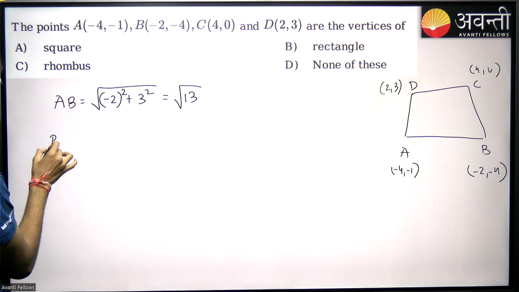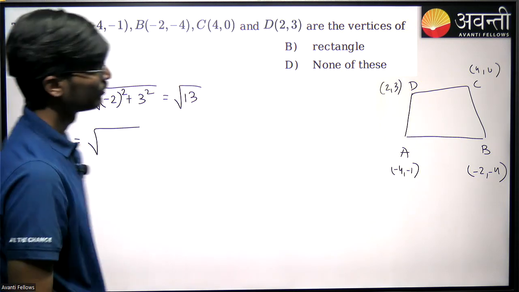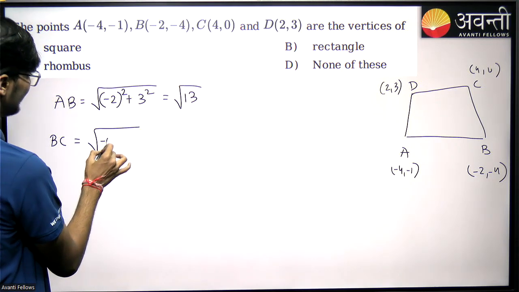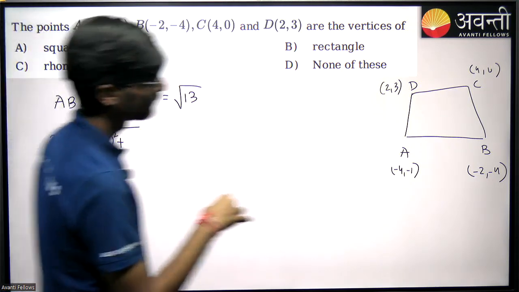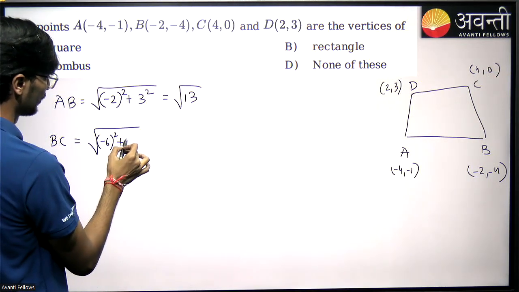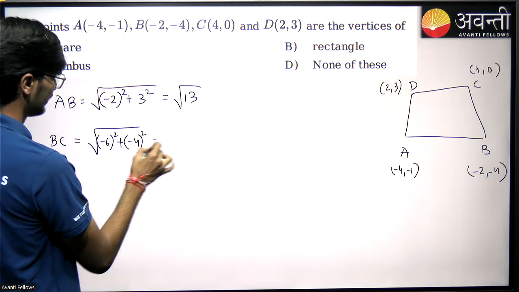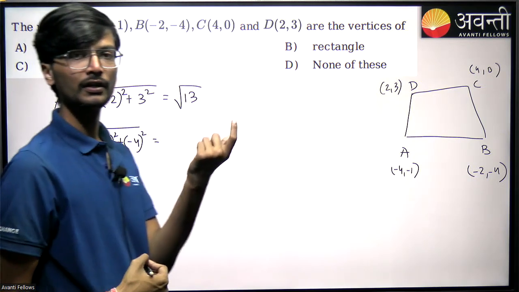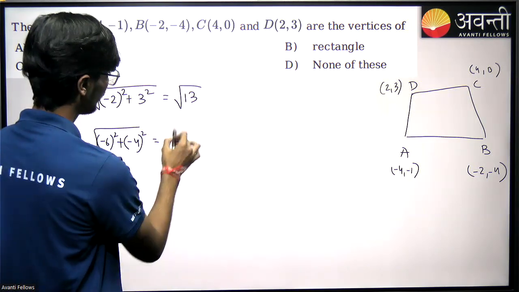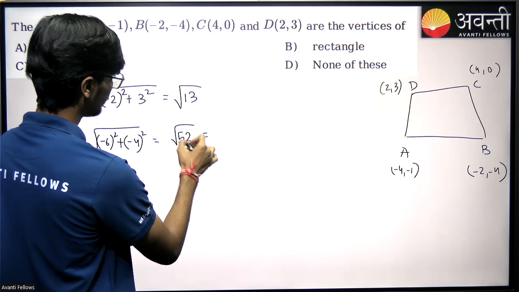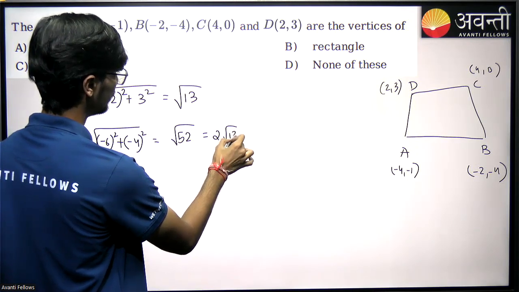Let's find BC. BC is under root of minus 6 square plus 0 minus 4, minus 4 square. So which comes to 36 plus 16, right? That is root 52, which I can write as 2 root 13.